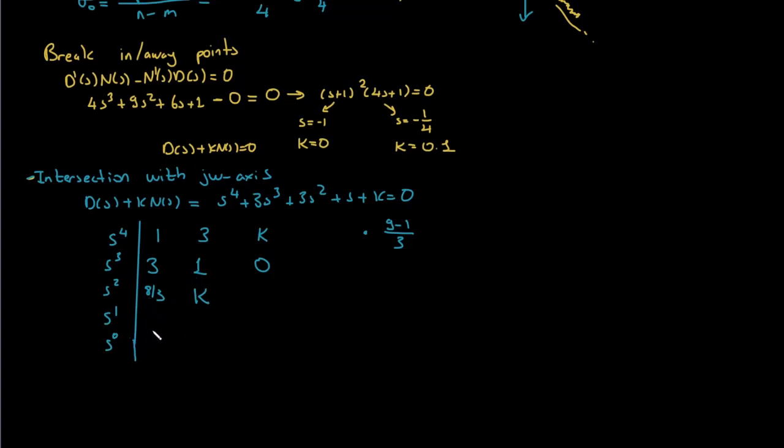And if you compute this term, it is equal to 8 over 3 minus 3k divided by 8 over 3, and that is equal to 1 minus 9 over 8 k, right? So this is equal to 1 minus 9 over 8 k here, and this is equal to k, because this will be 0 and k was going to come here directly.